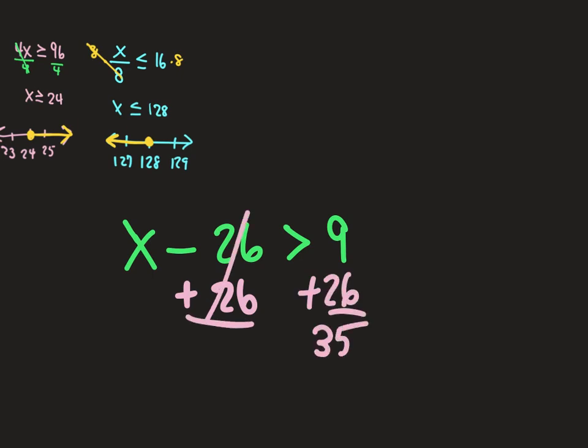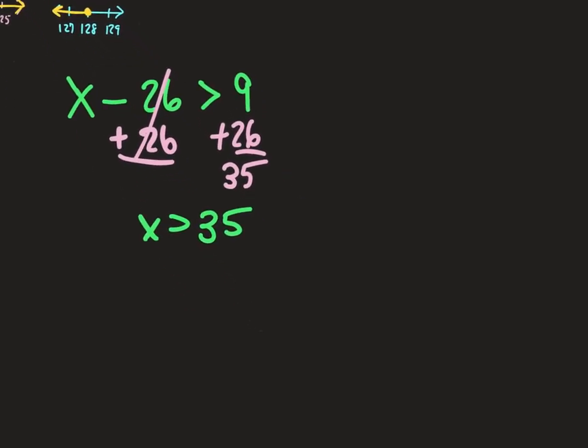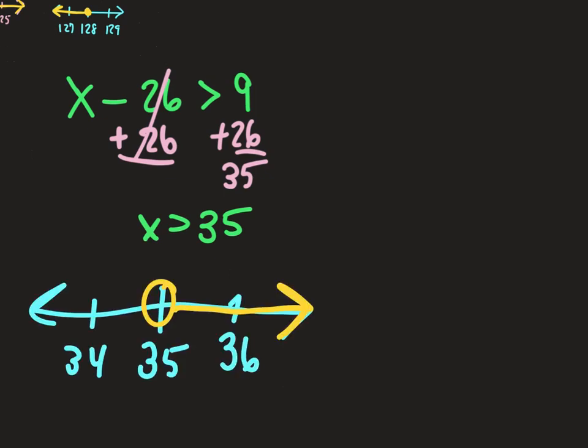That gives me 35. X is greater than 35. Now tell me about this picture. Will it be an open dot or closed dot, colored left or colored right? Open dot to the right. X's are greater than 35, so 36, 37, 38.